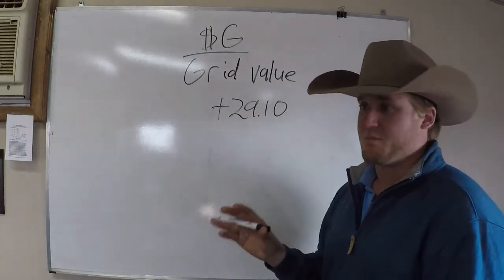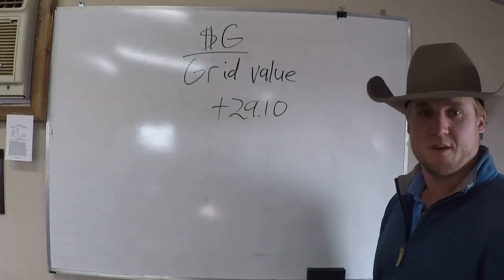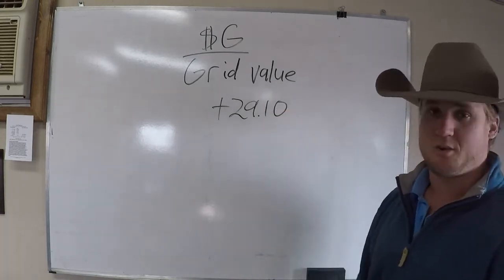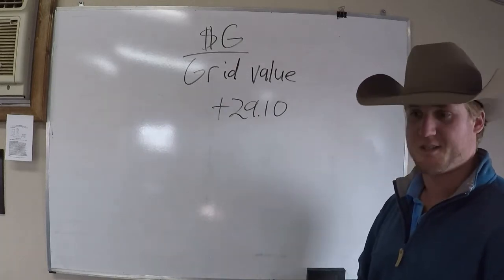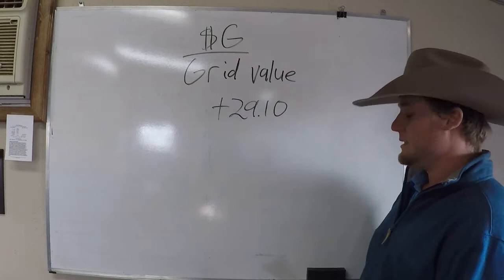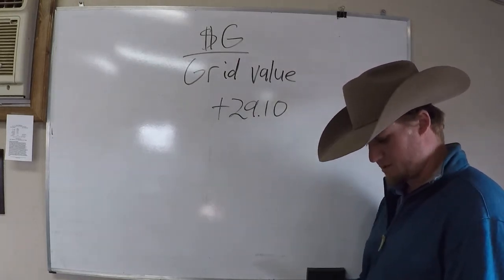So if you're a guy who's really breeding for ribeyes and you want prime and choice and all that, grid value is definitely something you want to take notice of and look at pretty carefully. Real simple. Not much going on with this one.